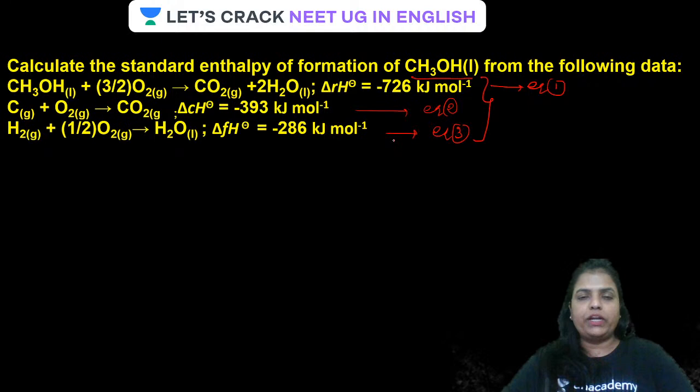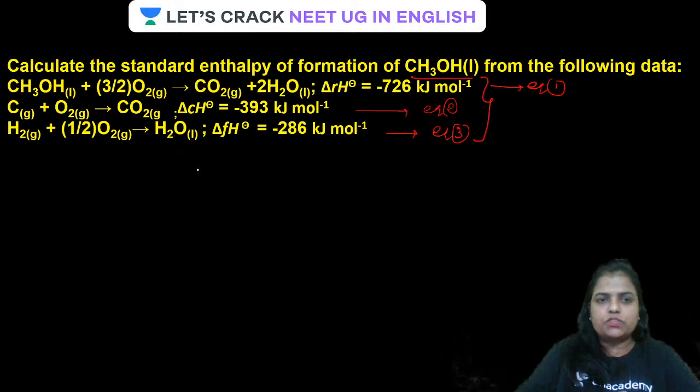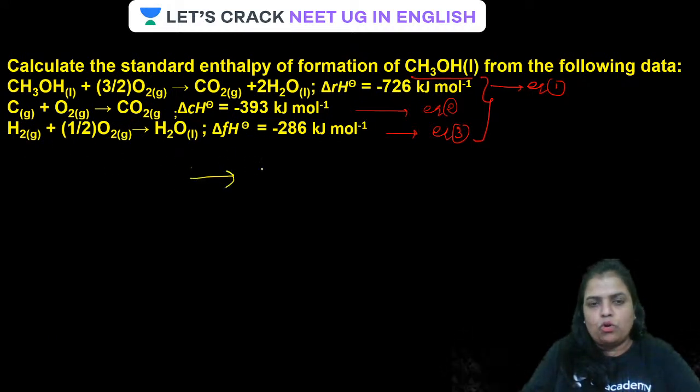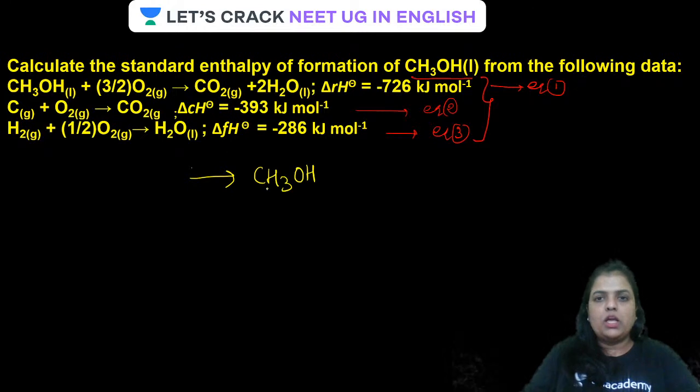In order to calculate this, we must have all the things required, or the equation required, as I'm going to write it on the screen. In order to form 1 mole of methanol, we must have 1 mole of carbon solid.